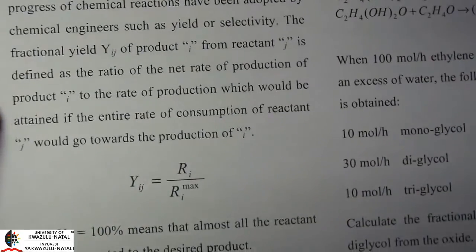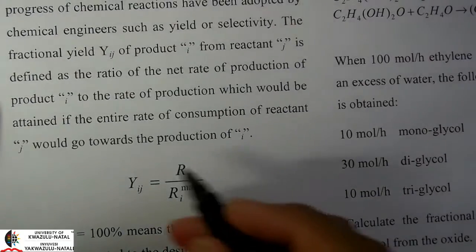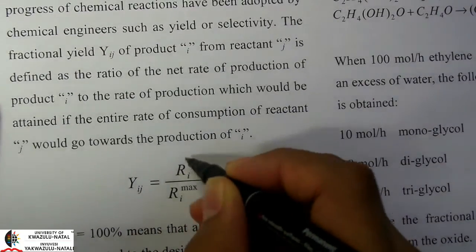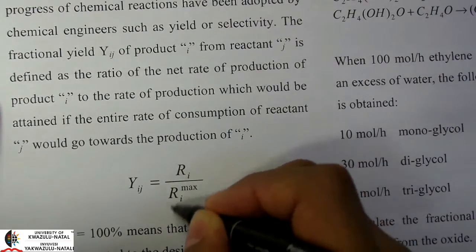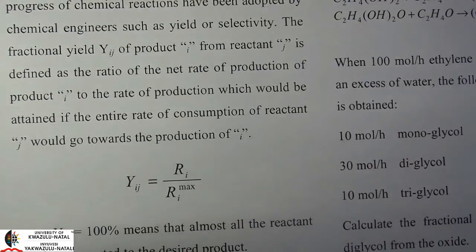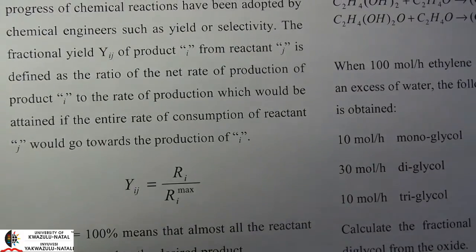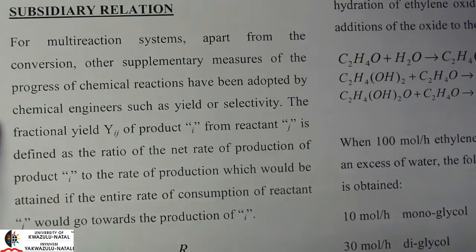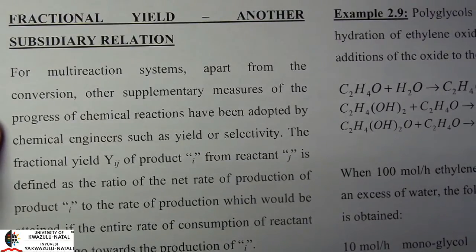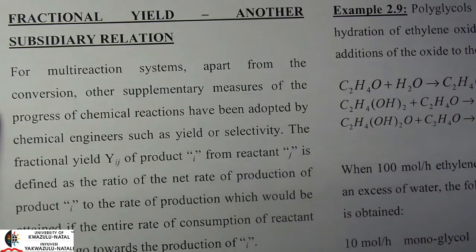Okay, so the fractional yield Yij is equal to the production rate of a product I over the maximum production rate of product I. Now, fractional yield is perhaps one of the most difficult concepts for new students to grasp.